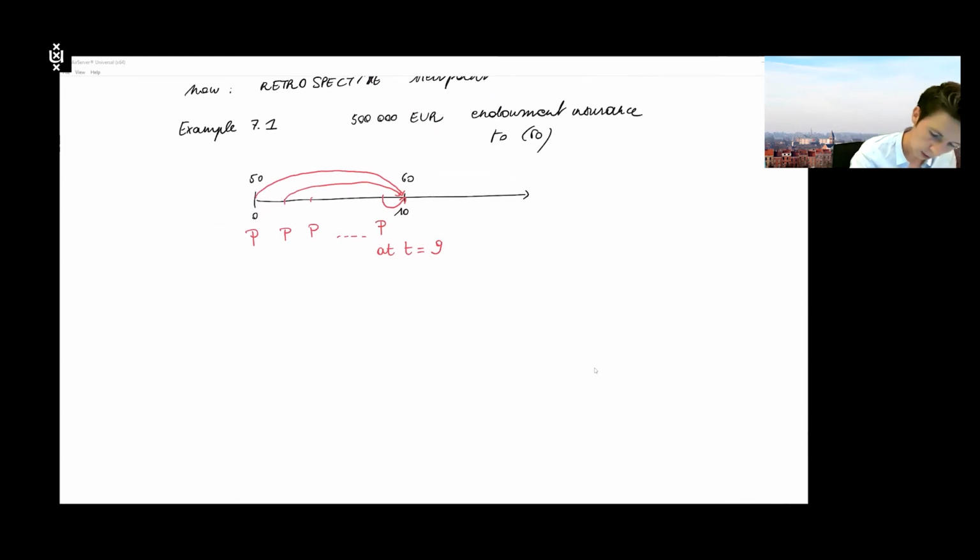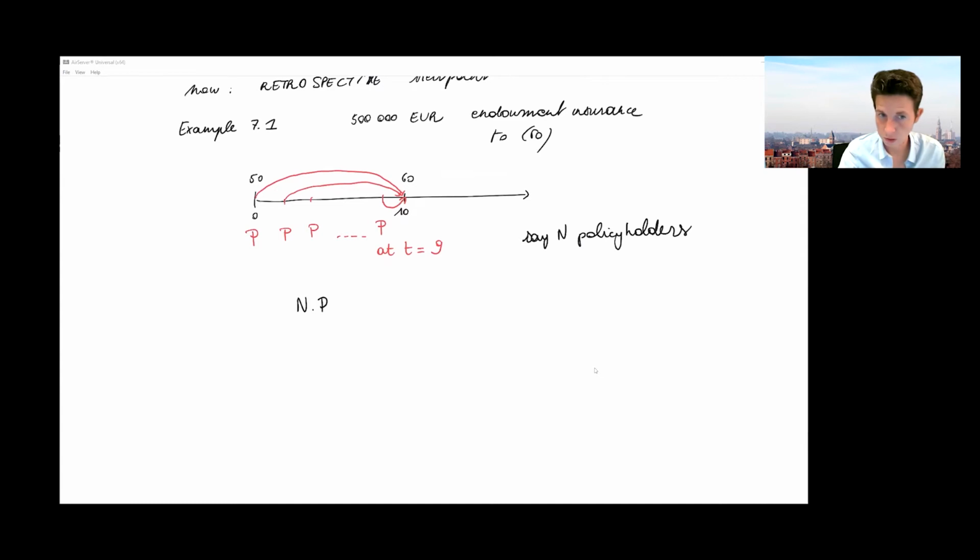If I write that down, the accumulated value is, say that I had n policyholders, the number of contracts that I issued. Then I have n times P, which I received at time 0. With 5% interest, that grows to n times P times 1.05 to the power 10. Then I know that 1p50 times n policyholders will survive until time 1 and pay the premium there, so that grows to the following amount.